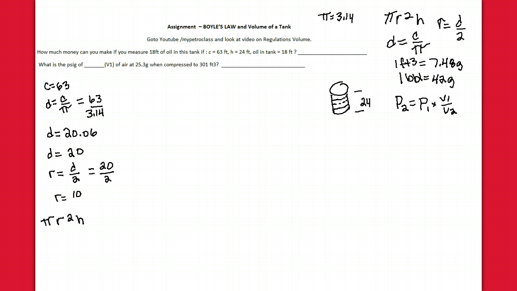Right now we're trying to find the volume of the oil, so the formula is going to be 3.14 times 10 squared times 18, because we have 18 feet of oil. So that's how we got that.